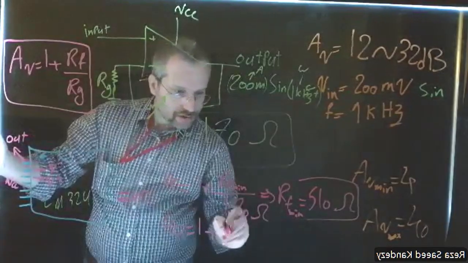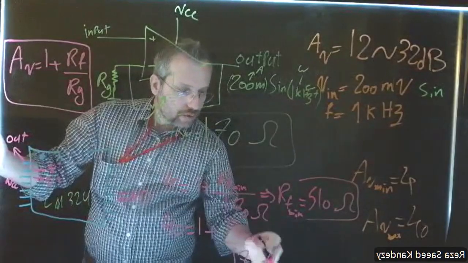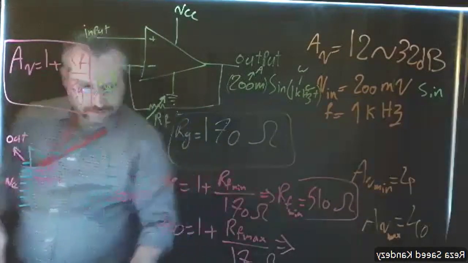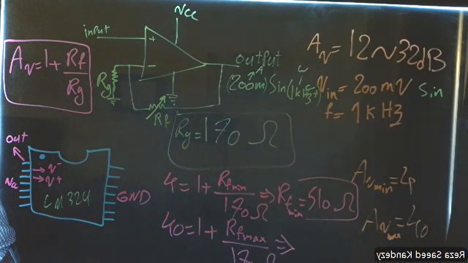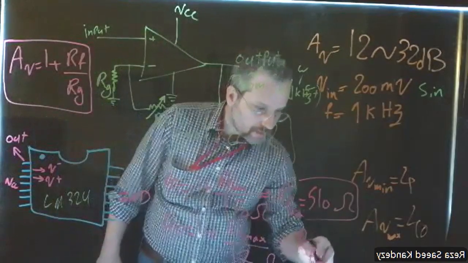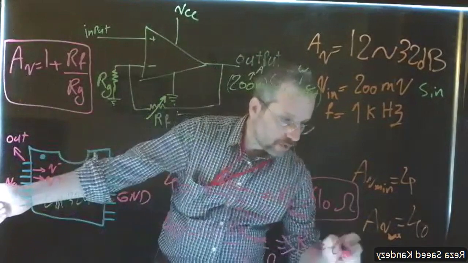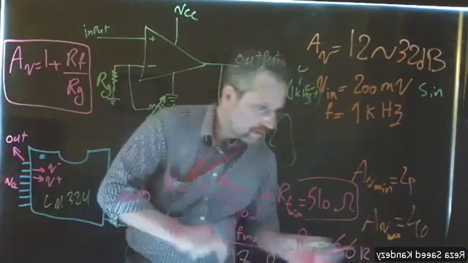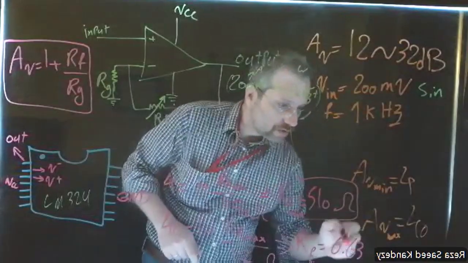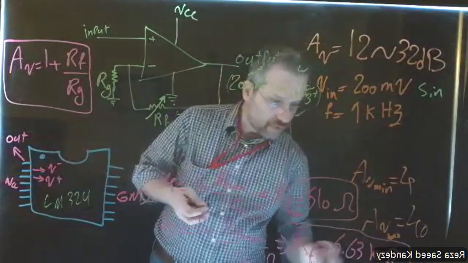So it's going to be 1 plus the resistance feedback for a maximum gain over 170 ohm, which means we calculate that, which means that my feedback for the maximum gain is going to be 6.6. Let me actually be more accurate. 6.63 kilo. So I have these two resistors.